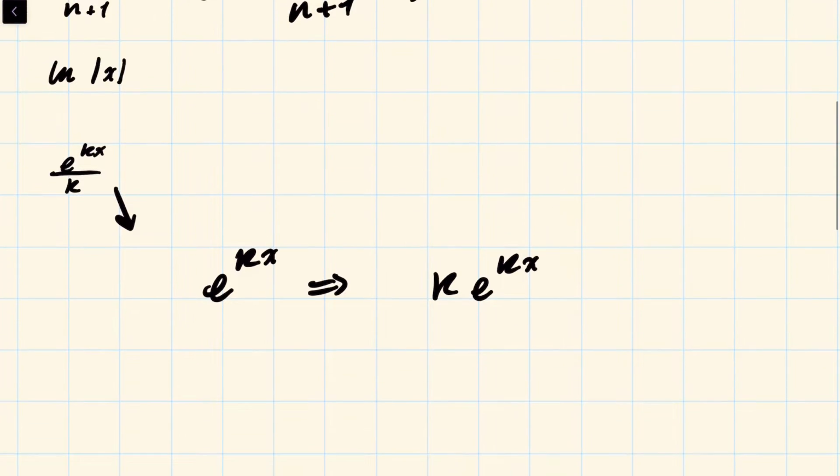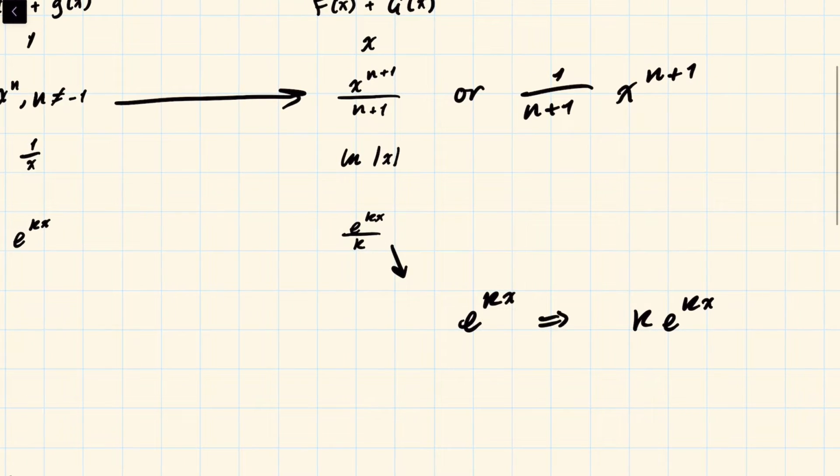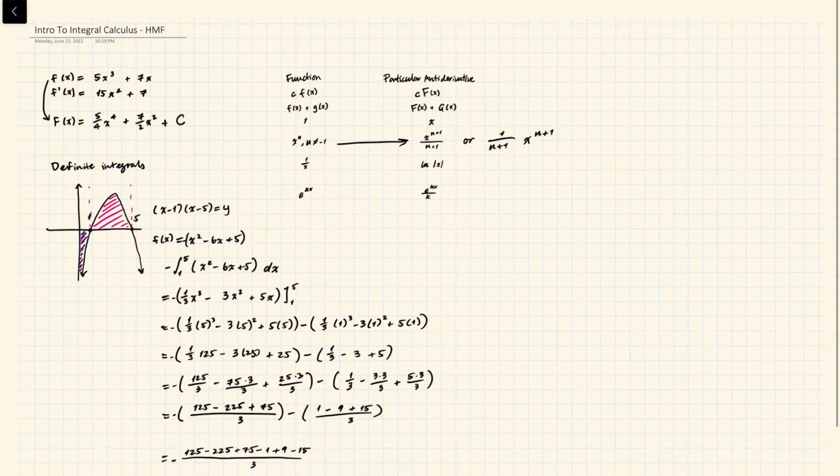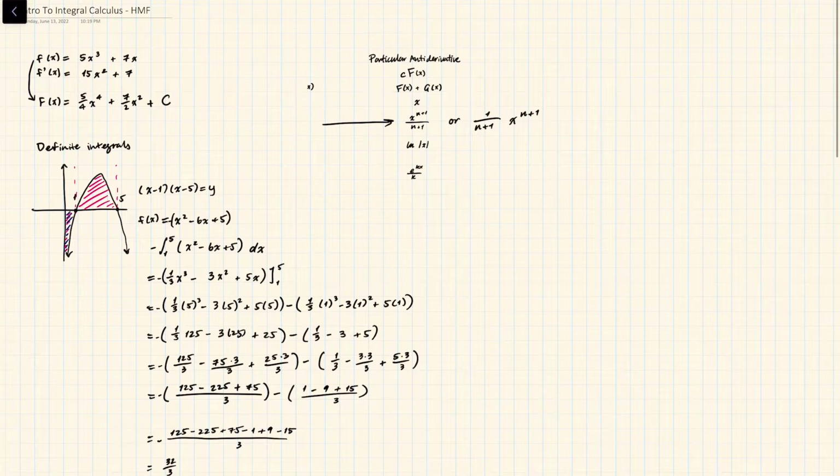And we don't want that though, because we want this, right? So we're just going to divide by k and they cancel out. So we want that division by k in our antiderivative. Cool.